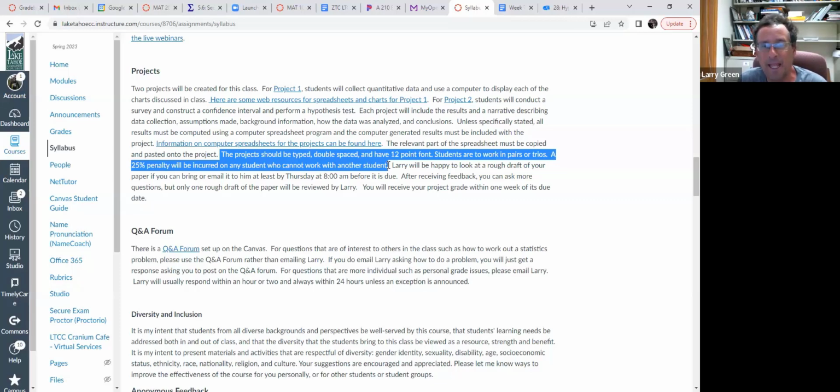Okay, and again, what do you do if you don't have a partner or you want to change your partner? What should you do? Any guess? What do you think you should do?